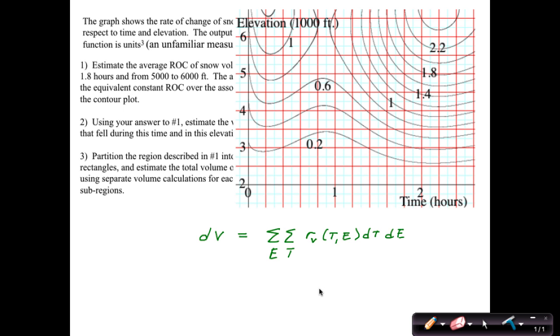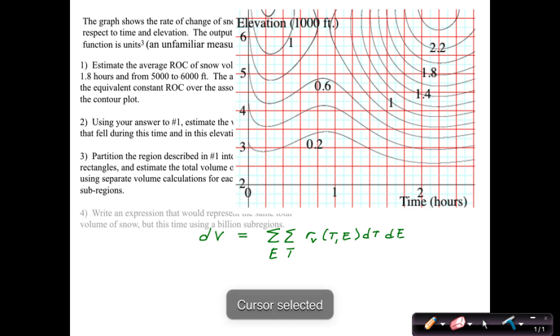Okay, so now let's write an expression that would represent the same total volume of snow, but now using a billion subregions. Or maybe a trillion. If I split this up into a trillion subregions, what expression could I write that would be the volume of snow?